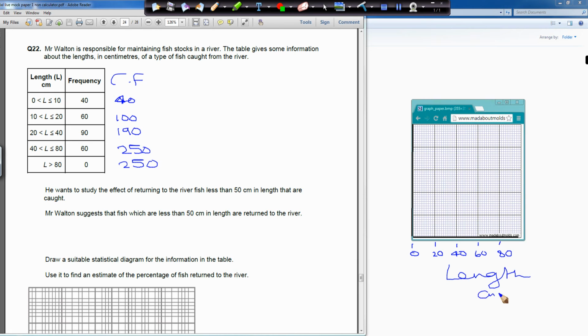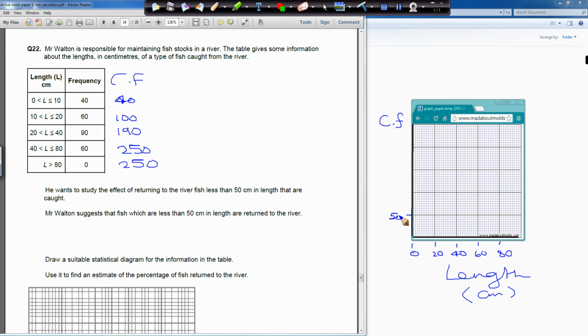Length in centimeters. Now this vertical axis here will always be your cumulative frequency. And we need to go up to 250. So here we have to go up in 50s.